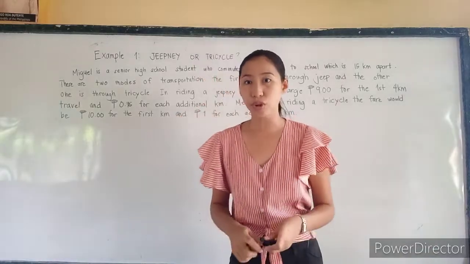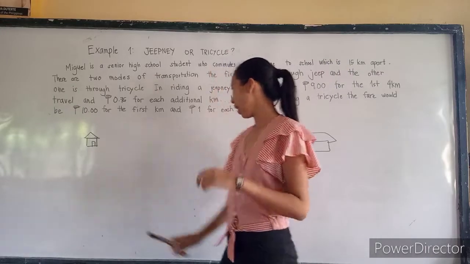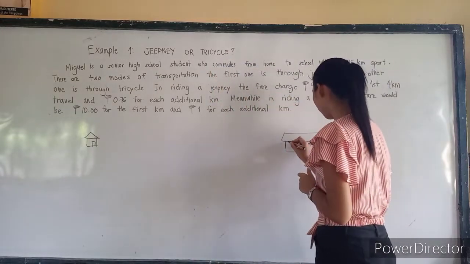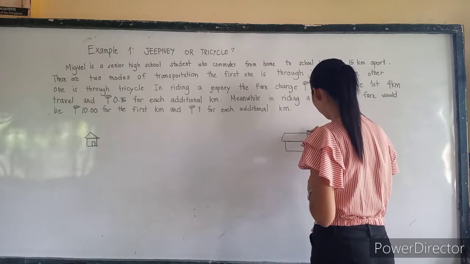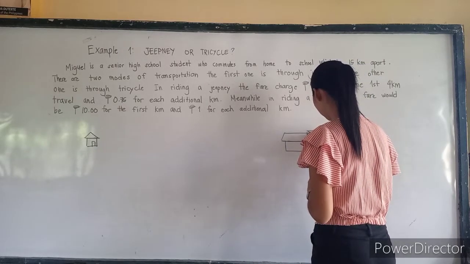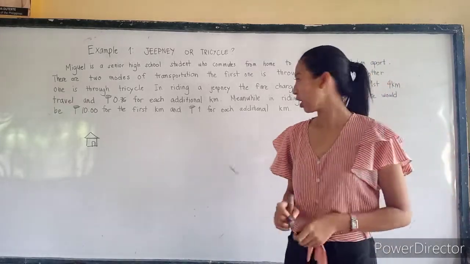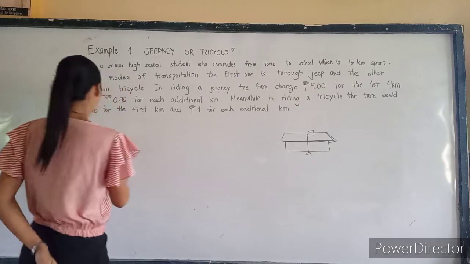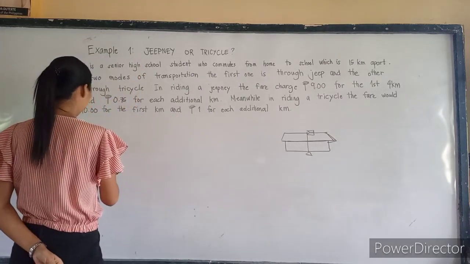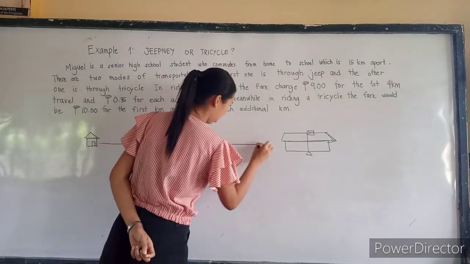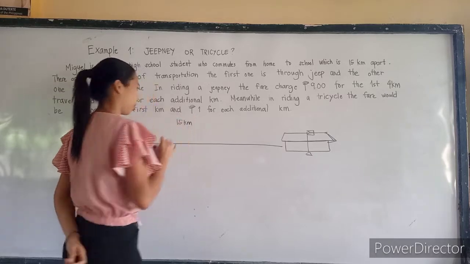Alright, so if you're going to draw that, for instance, this is Miguel's home, and this is Miguel's school, for example. Eskwelahan, or flag. And then, sample siya, magkakakot drawing. And the distance between Miguel's home and his school is 15 kilometers.